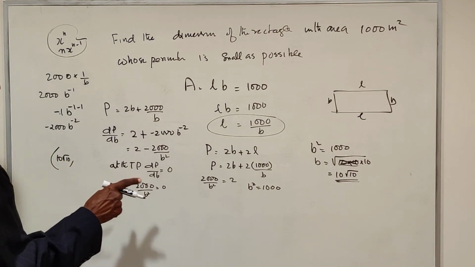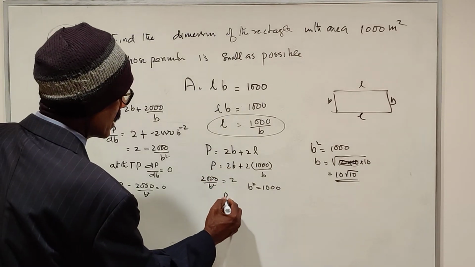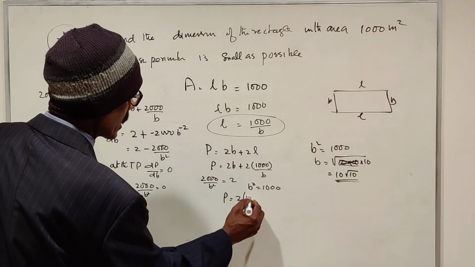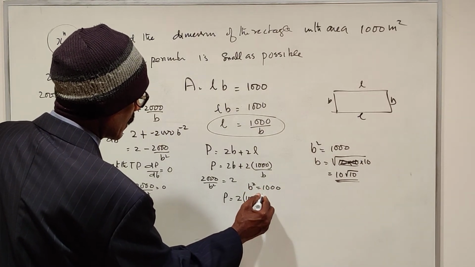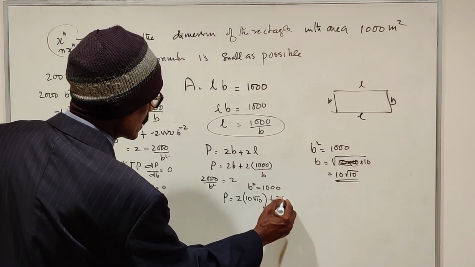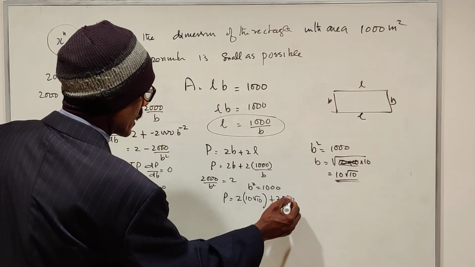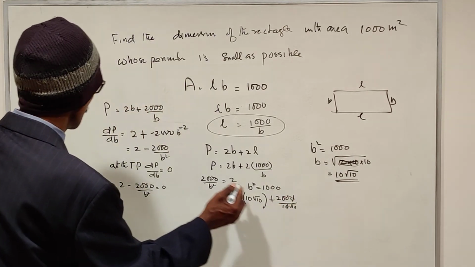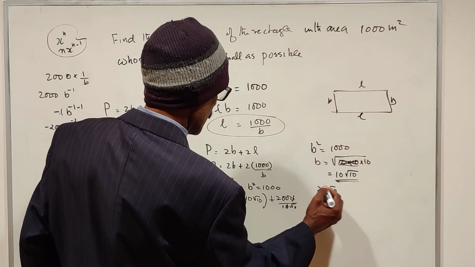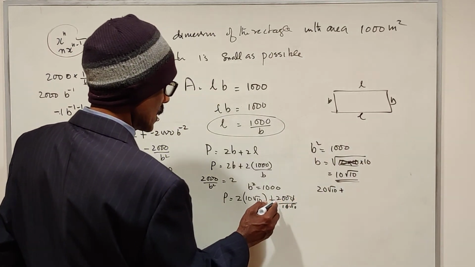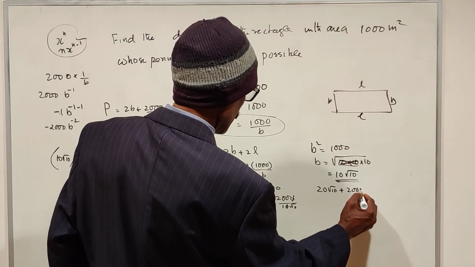What is the perimeter? You need to substitute 10 root 10 here. Perimeter equals 2 into 10 root 10, that is 20 root 10, plus 2000 divided by 10 root 10, which is 200 by root 10.